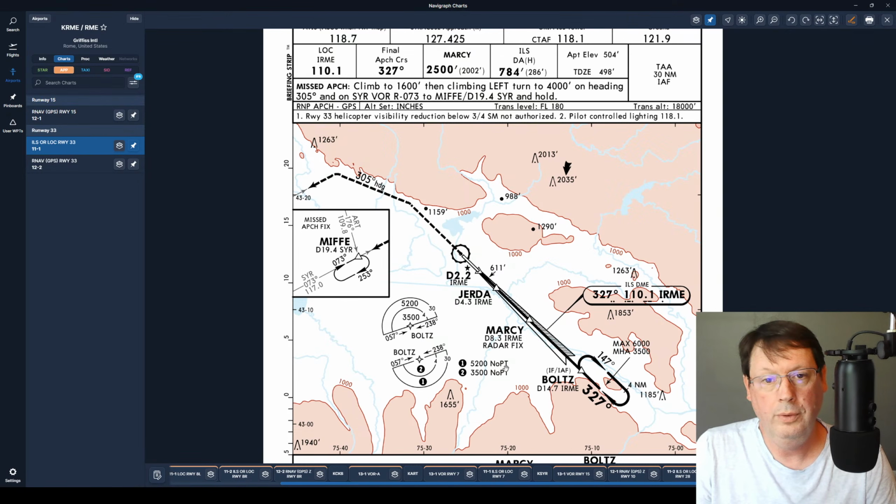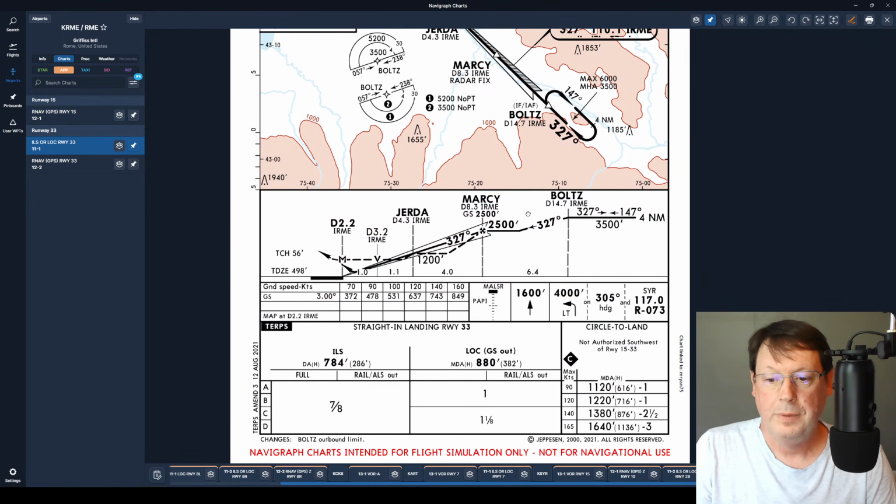What you could do is fly the ILS 33, which is to this runway, like we're doing, right? And then, depending on your airspeed, once you get above this MDA, this minimum descent altitude, let's say you get to 1,200 or 1,400 feet and you're a 90 knot aircraft on final, you're at 1,400 feet and you're clear of the clouds.